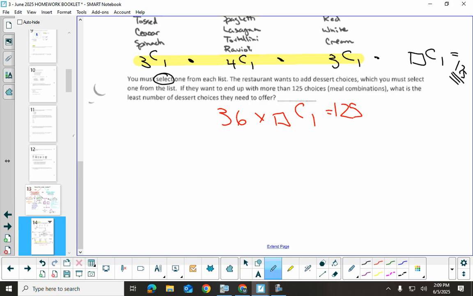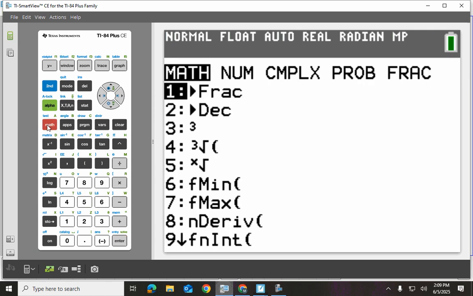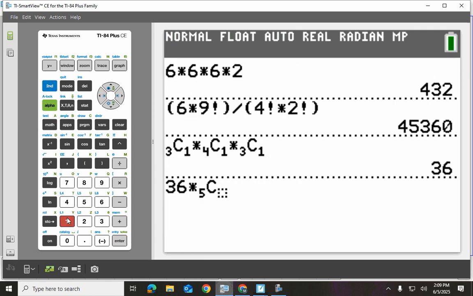So guess and check. Give me a number for desserts. How many desserts do you want on your menu? Let's try 5. So if we go 36 times 5C1, do we get out at least 125? Yes. But let's see if 4, because remember it said the minimum number of desserts?